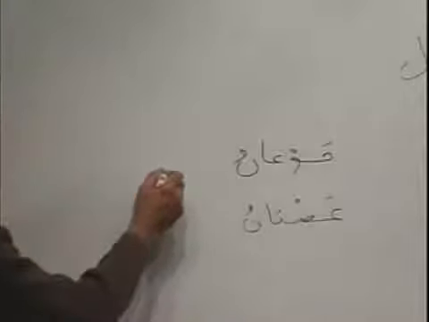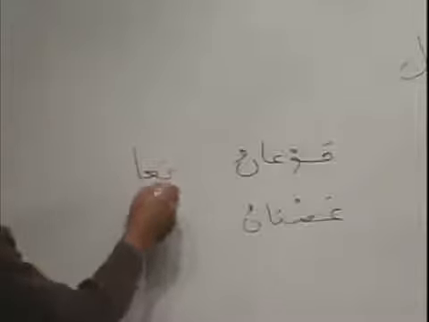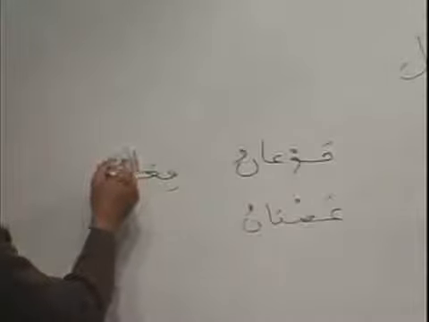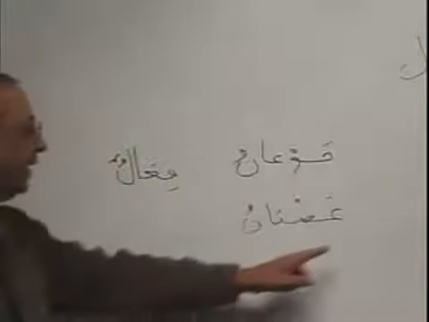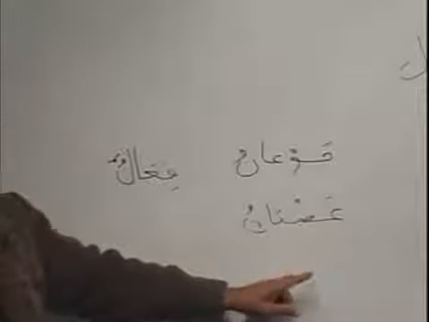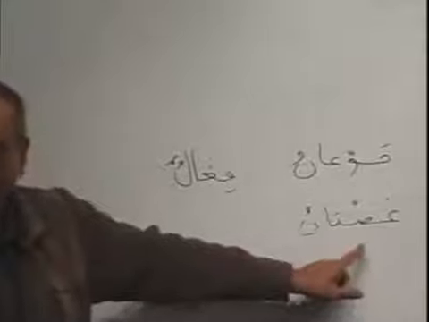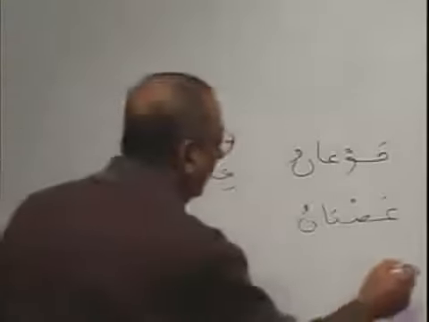So if I say the plural of this is made on the pattern of fi'alun, how will you make Ghadbanu into fi'alun? Ghidabun. Got the idea? Okay. Atshanu.